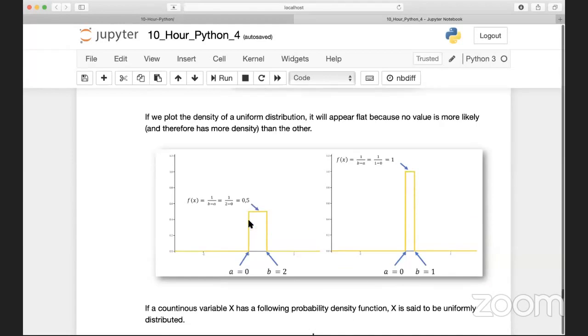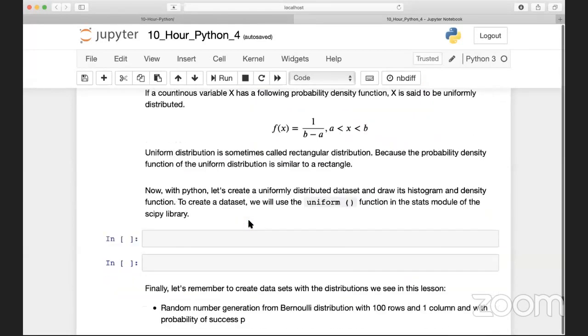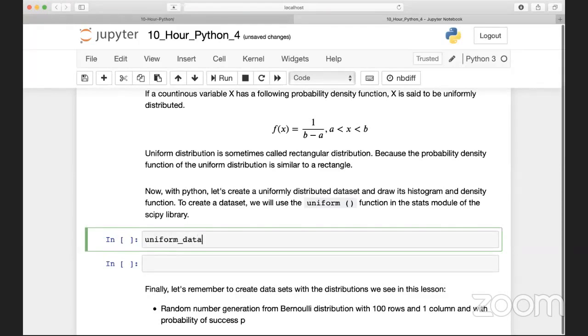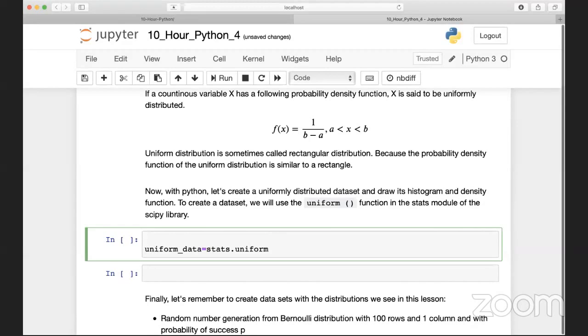Okay. All right. So let's generate uniformly distributed data using Python here. Uniform data is equal to stats dot uniform. I didn't import the package. Let me import the package first from scipy dot stats import uniform.